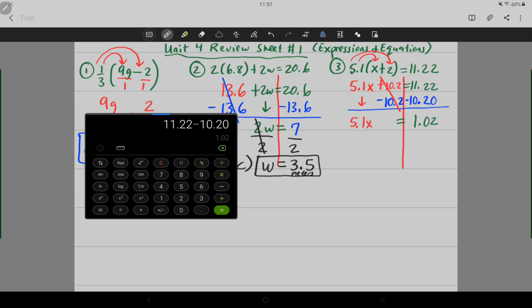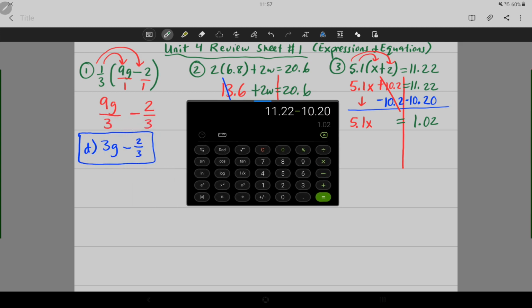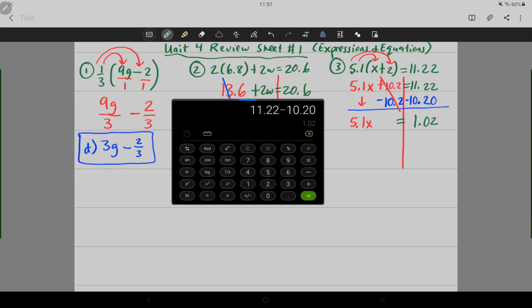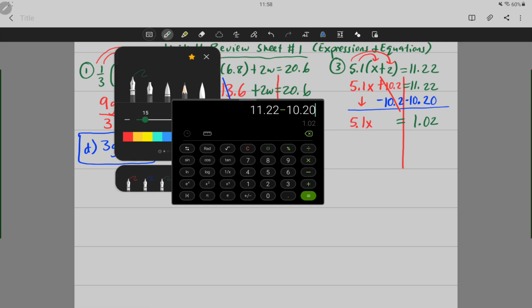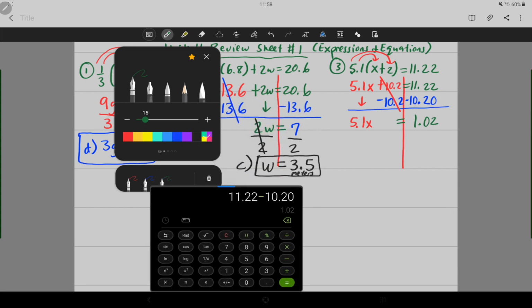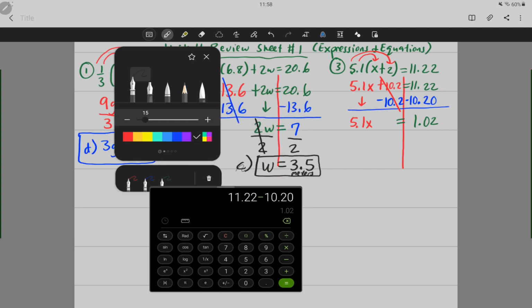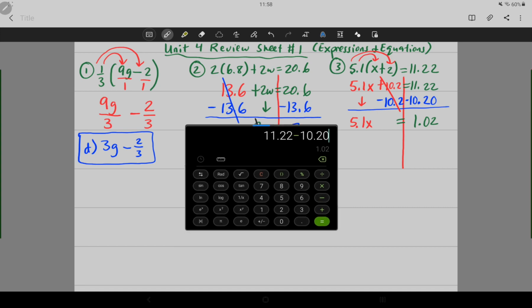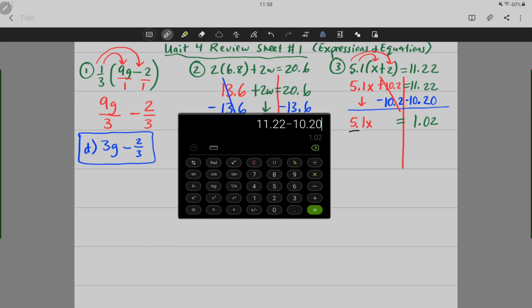And now what operation do we see? Well, we're looking at multiplication. Since it says 5.1x, same thing as 5.1 times x. So the opposite of multiplying is to divide. So we have to divide both sides by the coefficient, that number that's in front of x, which is 5.1.